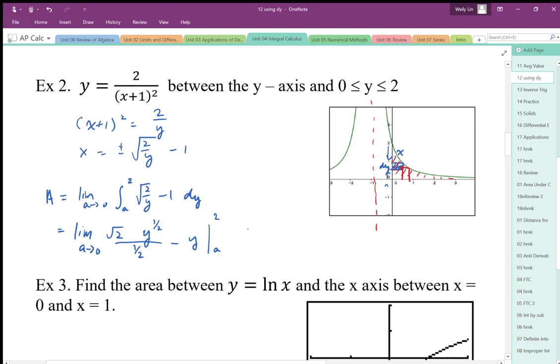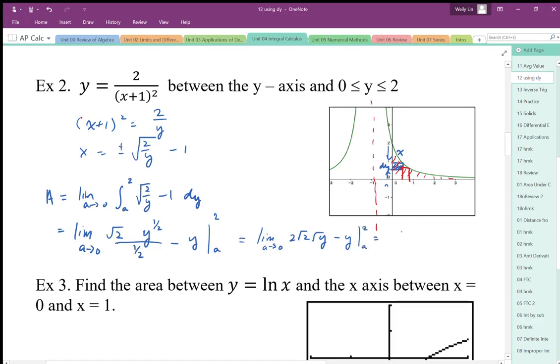Okay, so we can plug in the values here. I'm just going to simplify this first. So limit as a goes to 0 of 2 root 2 times square root of y, minus y, and that's going from a to 2.